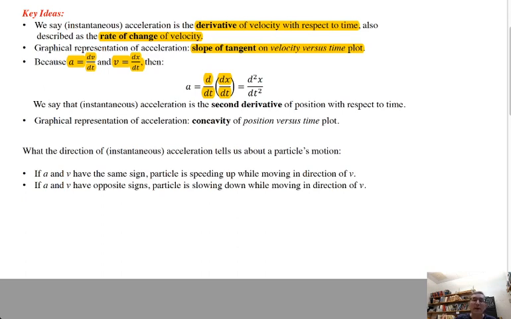And we want shorthand notation for second derivative. And here it is: d superscript 2 x over dt superscript 2. And there really is no good shorthand way to say that other than to just say it's the second derivative of x with respect to time, or t.